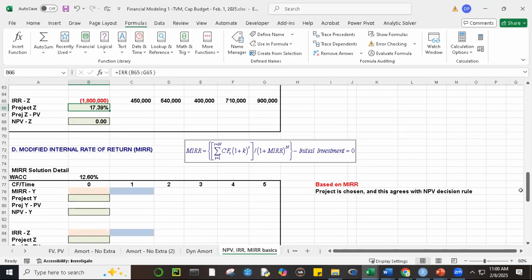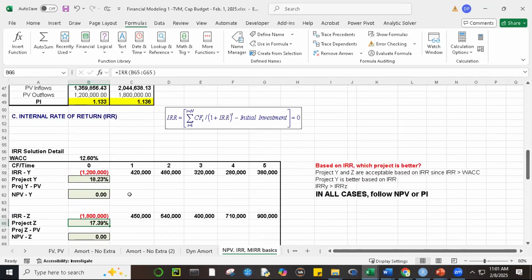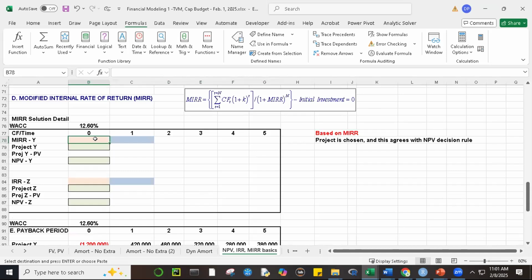That's why others make use of what we call the MIRR, modified internal rate of return. And I'll explain this. What's modified internal rate of return? So let's copy this cash flow again, Control C, Control V. So the question is, how much is the MIRR?